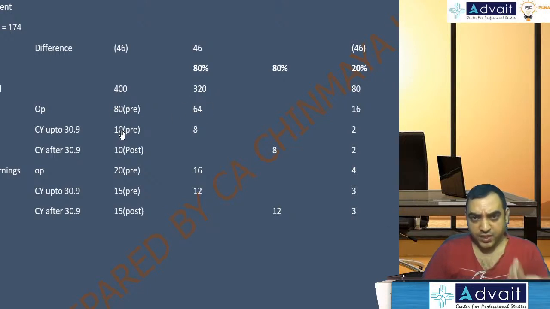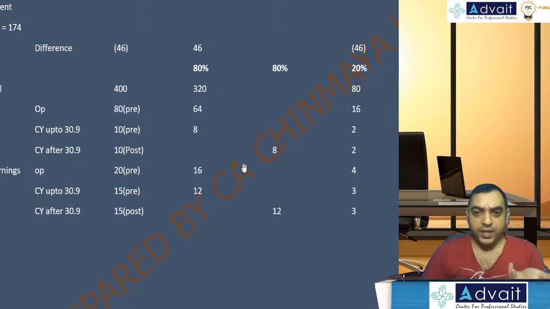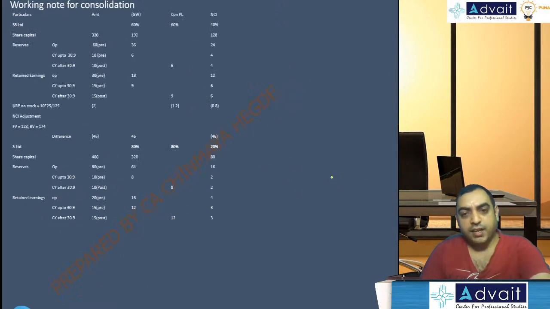Then current year, first half is pre, second half is post, 10-10. Opening balance retained earnings is pre. Pre-acquisition comes in the goodwill column. Post-acquisition comes in the consolidated P&L column. NCI will get their share anyway.